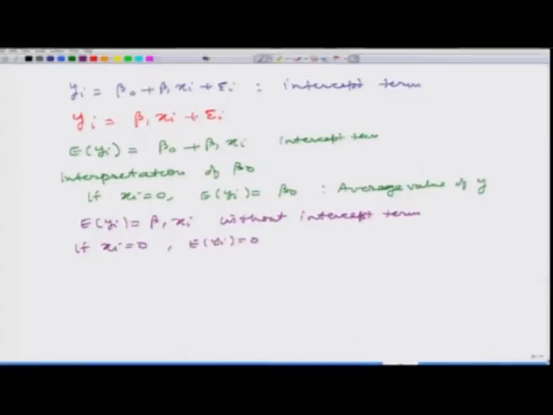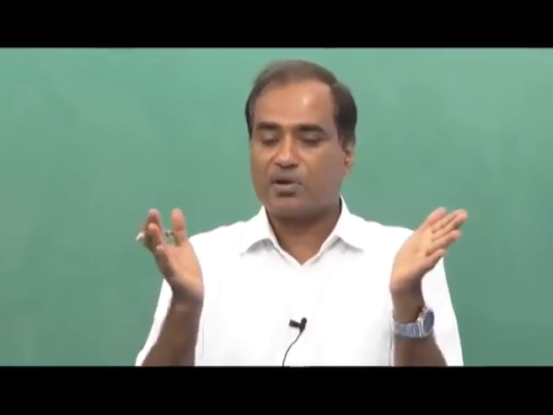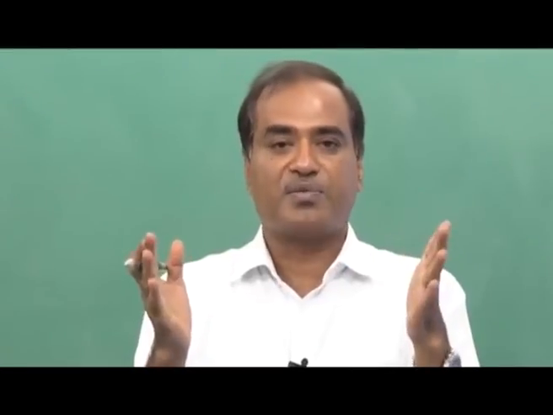So, in that case, I would like to have a model with an intercept term. On the other hand, say y is the luminance of a bulb, and xi is the current. We all know that when we switch on the switch, current goes into the bulb and the bulb glows. But if I put no current, the bulb will not glow and the luminance will be 0.